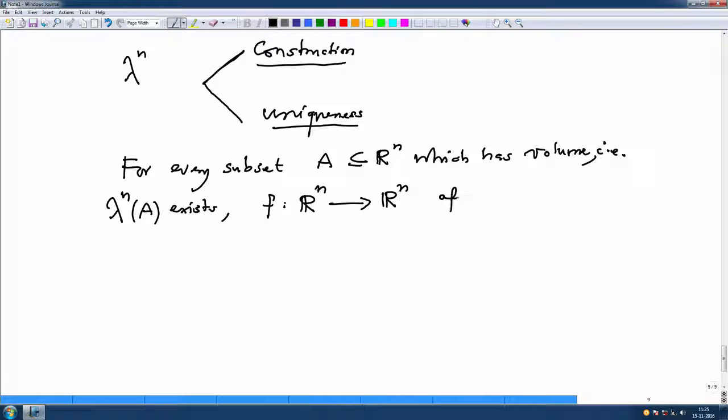Affinity means a bijective affine linear map.